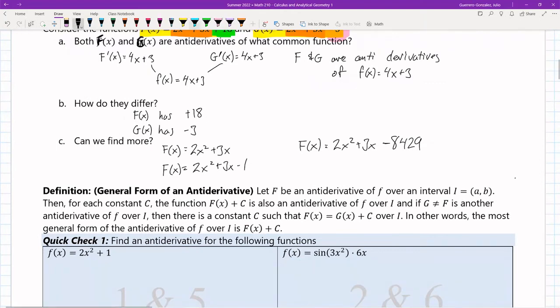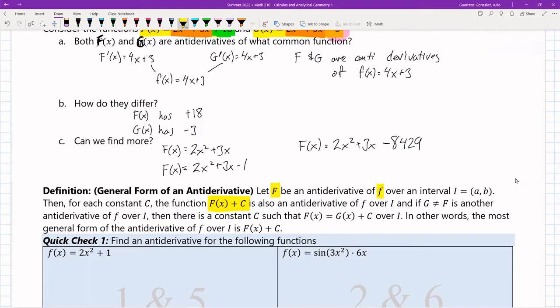right? So let big F be an antiderivative of little f over an interval AB, right? Okay, then the function F of x plus c is also an antiderivative of f, okay?